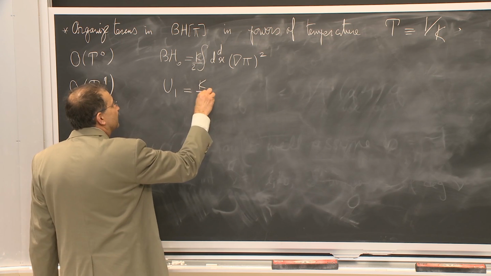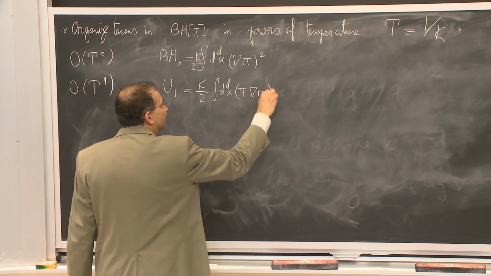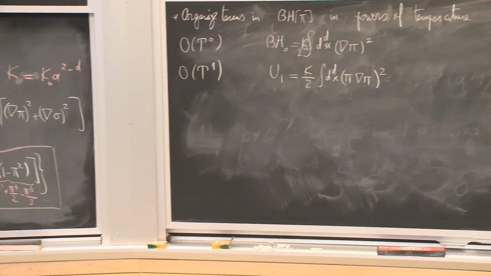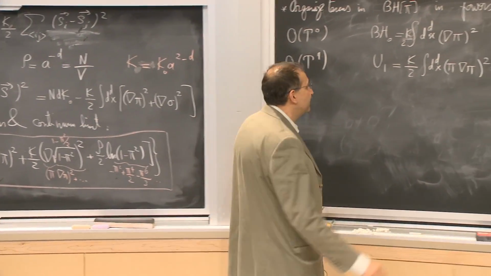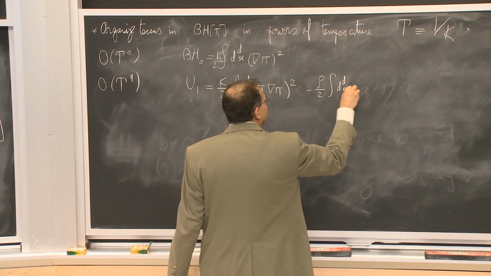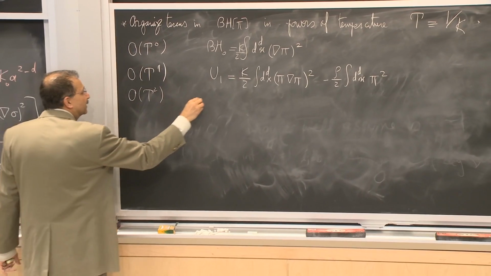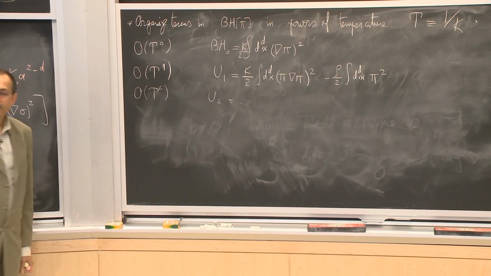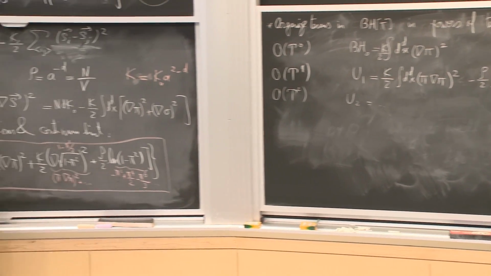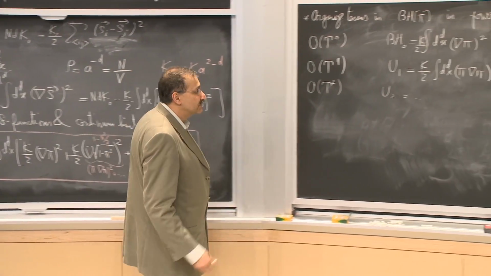One term is this K over 2 integral d^dx of pi gradient of pi squared, coming from what was the gradient of sigma squared. And then from here, I will get a minus rho over 2 integral d^dx pi squared. And then there will be other terms at order T squared, u2, and so forth. Okay? So I just reorganize terms in this interacting Hamiltonian in what I expect to be powers of this temperature.